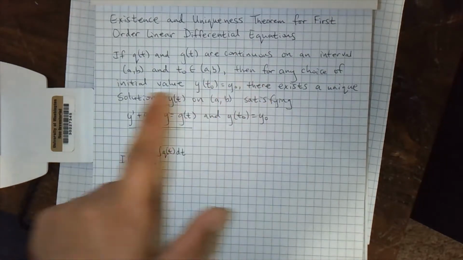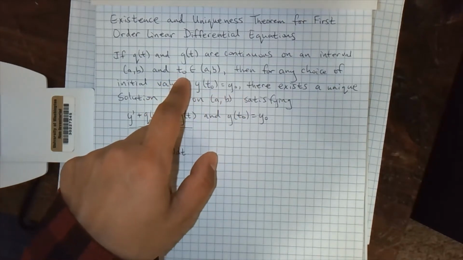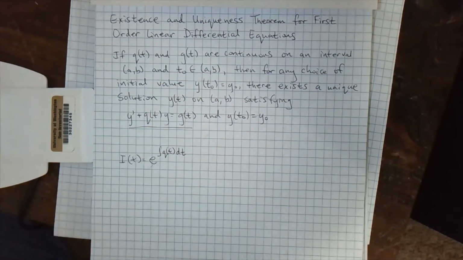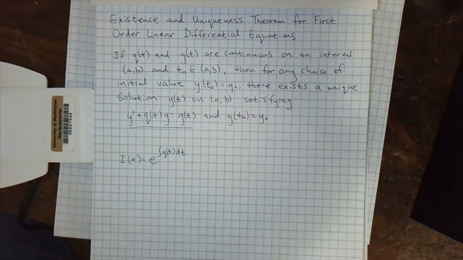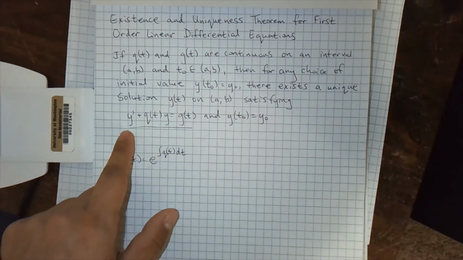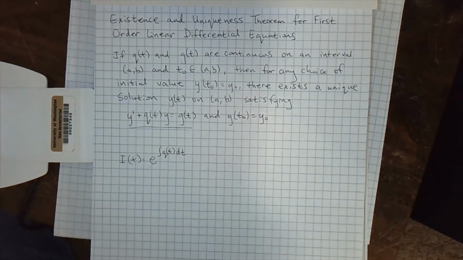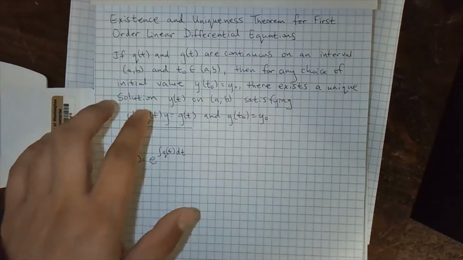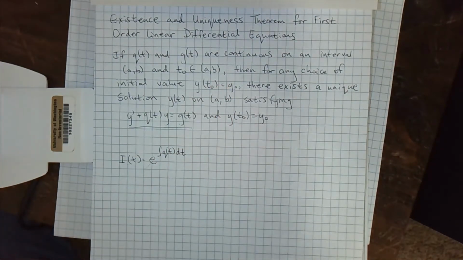Then for any choice of initial value, as long as the independent variable is in the interval, I have a unique solution, meaning only one solution that satisfies both the differential equation and the initial value, so it satisfies the initial value problem. That means as long as the functions are nice and my initial value is in the interval, I have one solution to my problem.